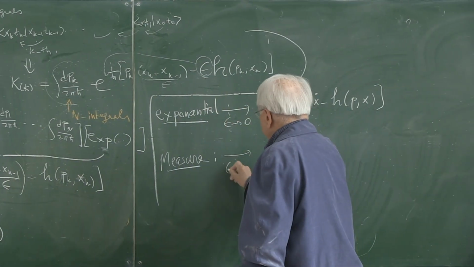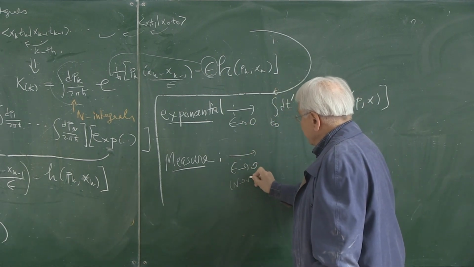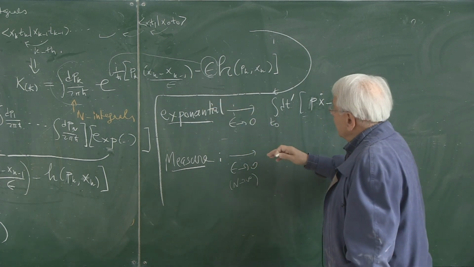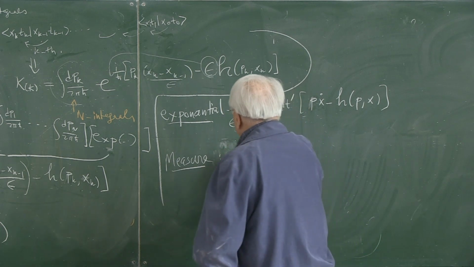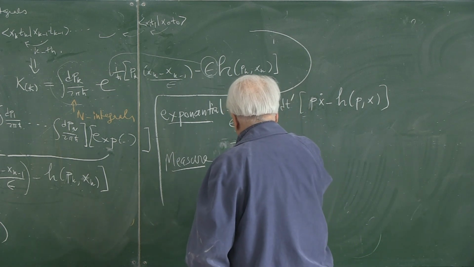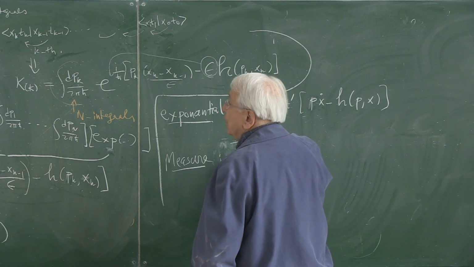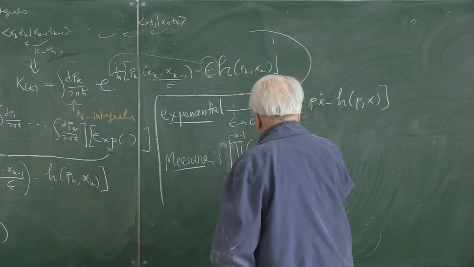When epsilon goes to 0 or number n going to infinity, it is what it is. In principle, to start with, the measure is like this: dx_i, i is from 1 to n minus 1. That is what it stands for there.